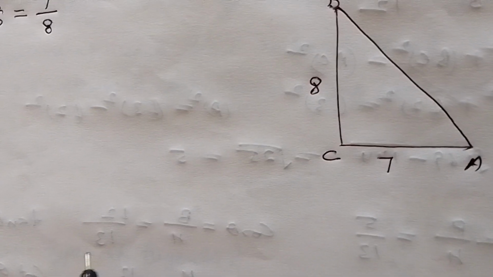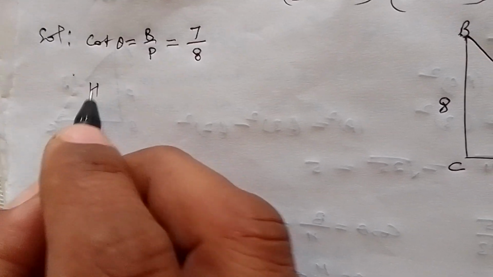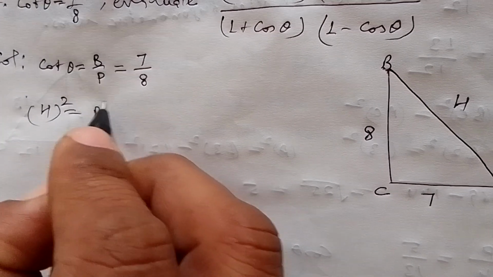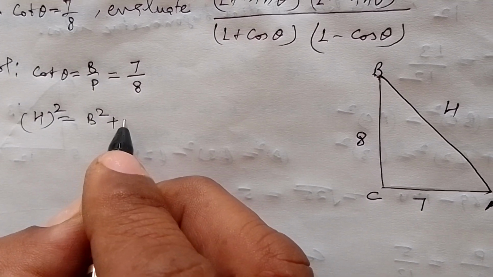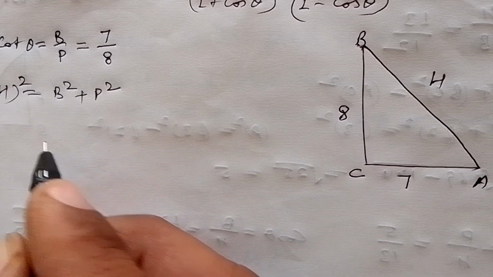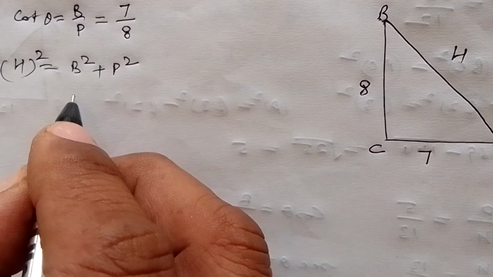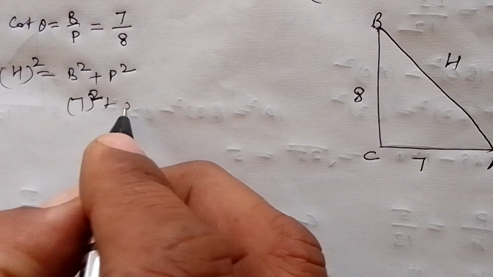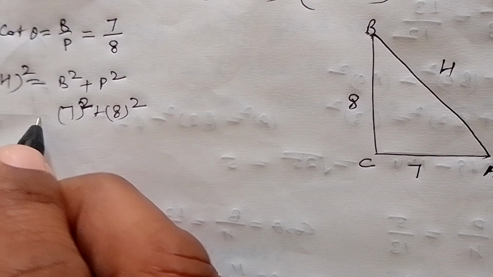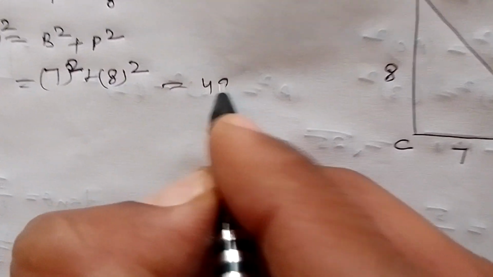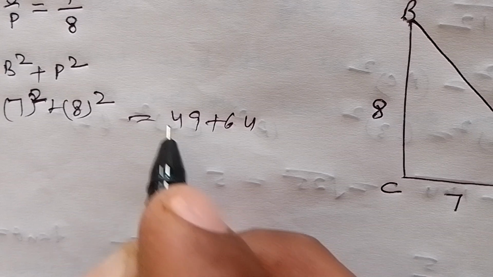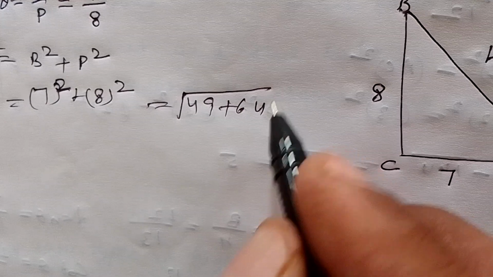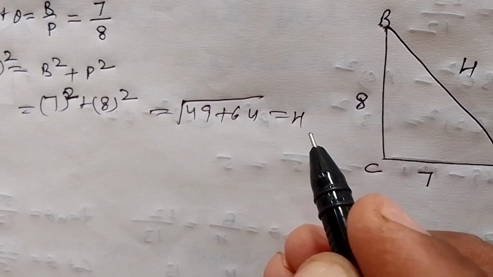So hypotenuse H, which we have to calculate, is equal to the square root of base square plus perpendicular square. By inserting the values, base value is 7 square plus perpendicular value 8 square, that comes out to root of 49 plus 64, equal to H, hypotenuse.